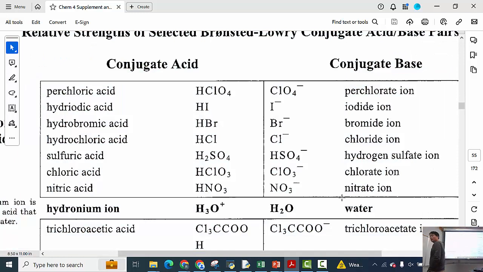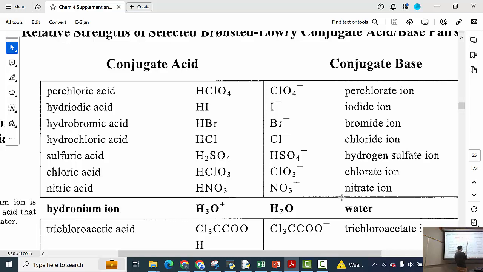So if we look at the acid perchloric acid, perchloric acid is a strong acid, meaning it ionizes or hydrolyzes completely. That means the H plus is easy to break off. Whereas something like hydroxide is an extremely weak acid, that means the H plus is very difficult to break off.